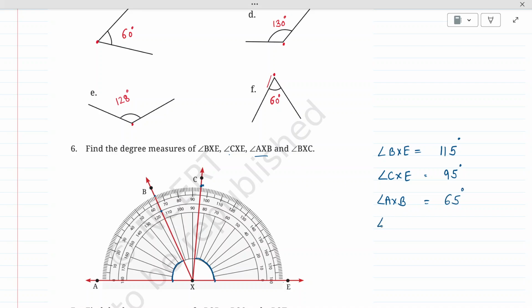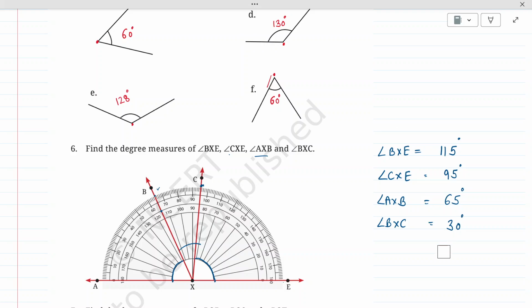Now BXC, the last angle, this middle angle. Okay, so we can measure here. So kids, we know this is 10 degrees, 70, 80 and 90. So that means we have 30 degrees here. Sorry, it is not 30. It is 35 rather.